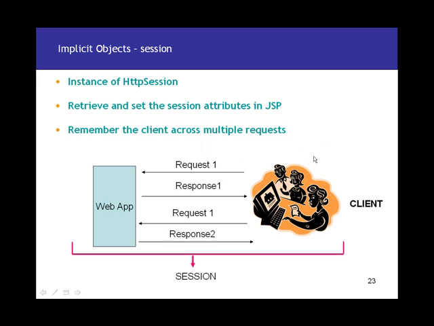So here the user makes request 1, my application sends back a response, the user makes another request, my application sends back another response. This can happen a number of times, right? So you are constantly communicating with the user between different requests.